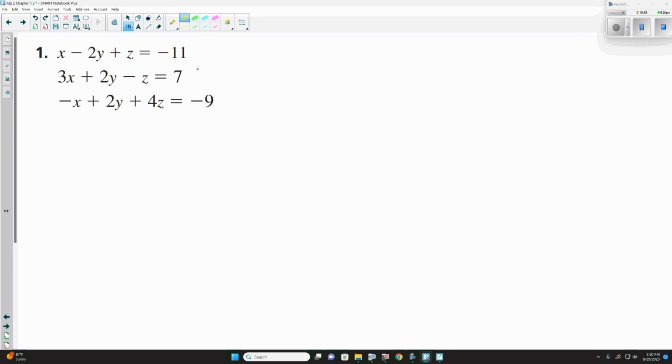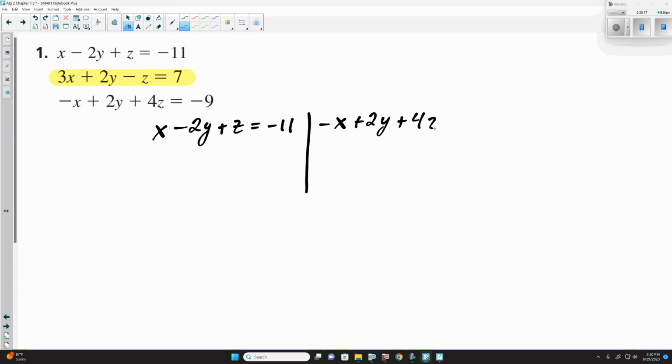Now, which one do we want to use as the eliminator equation? Middle. Since it's the eliminator, we can write the other two first: x minus 2y plus z is equal to negative 11. We'll also have negative x plus 2y plus 4z is equal to negative 9.